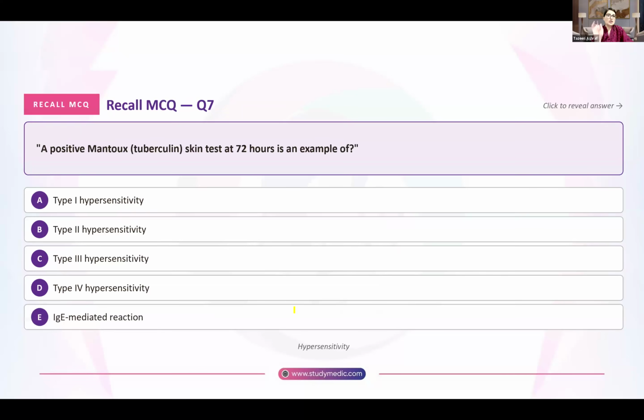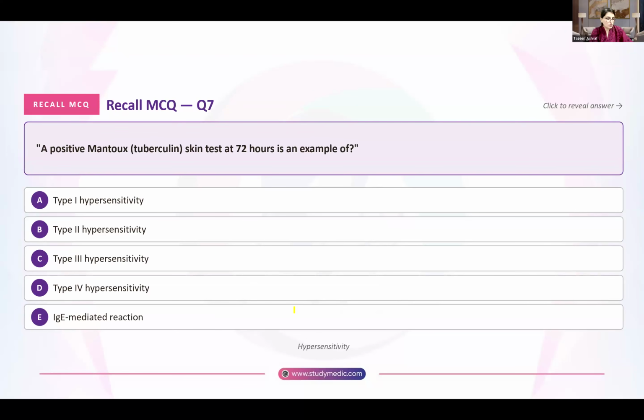Then there is question number 7, a positive Mantoux test. A positive Mantoux test, a tuberculin test read at 72 hours, is an example of which type of hypersensitivity reaction?